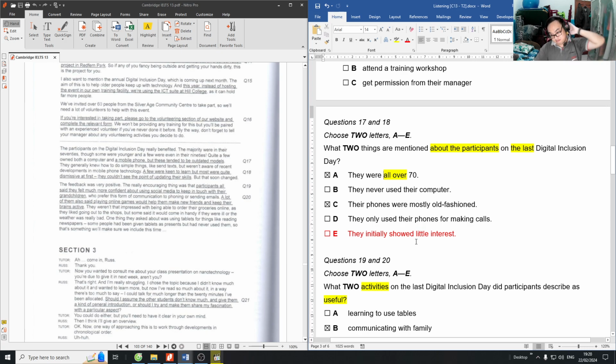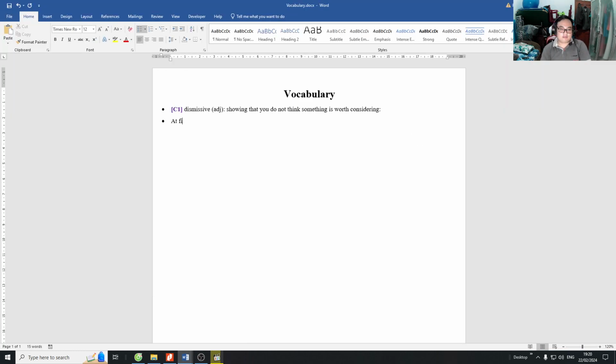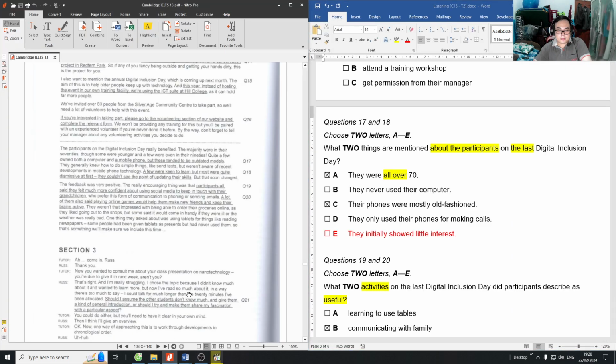They don't have much interest in this. Dismissive at first. At first is equal to initially. All right, I think I should write down: at first means initially. You should write down too, man. You all should write down too.